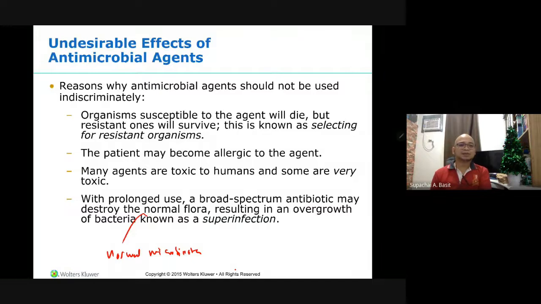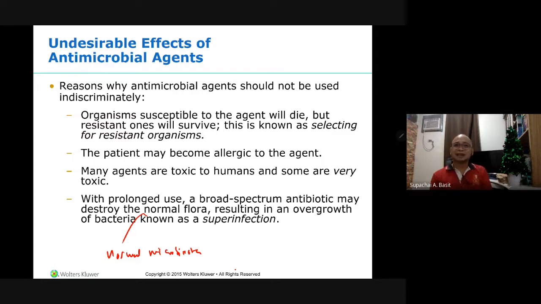These are the bad effects of too much use of antibiotics or improperly prescribed antibiotics. So you really have to be careful.